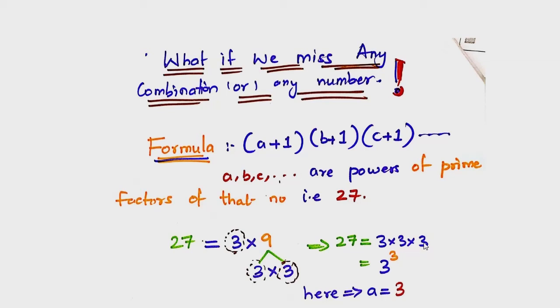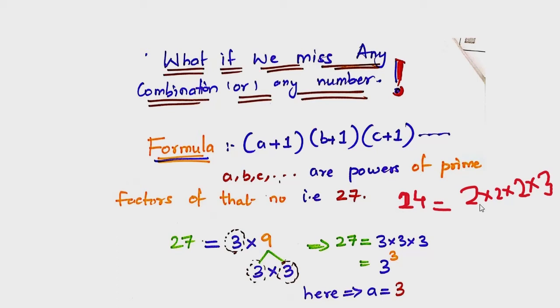What if you get a different combination over here? For example, if I take 24, you are going to get the factors 2 into 2 into 2 into 3, that is 24.